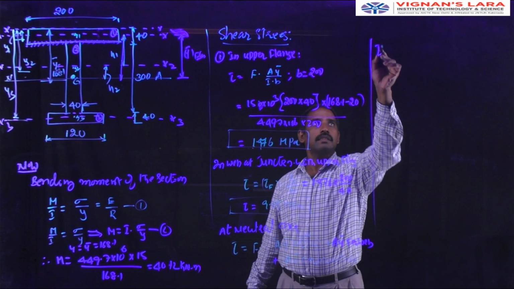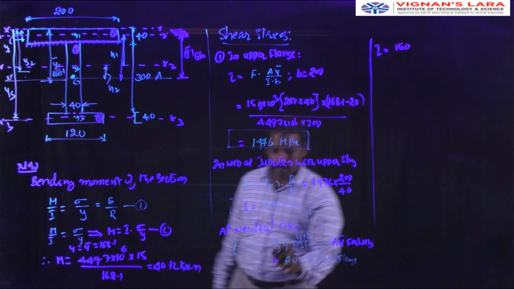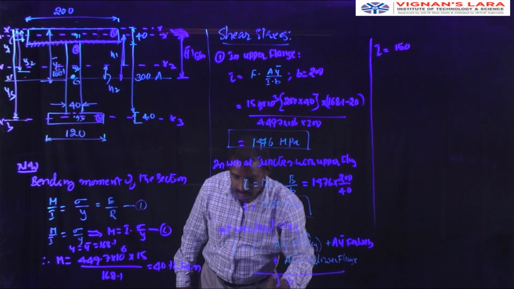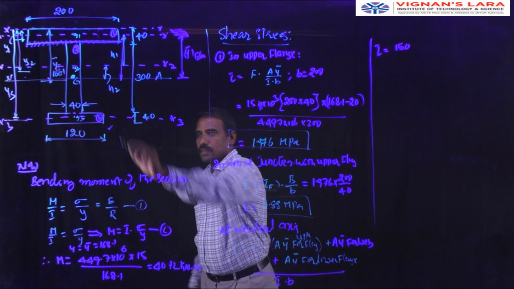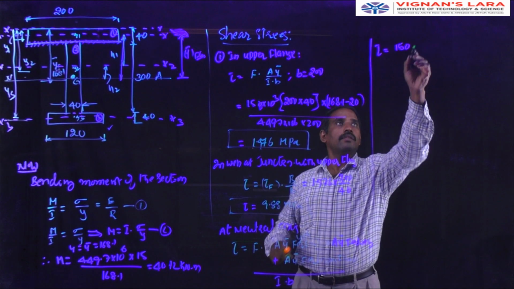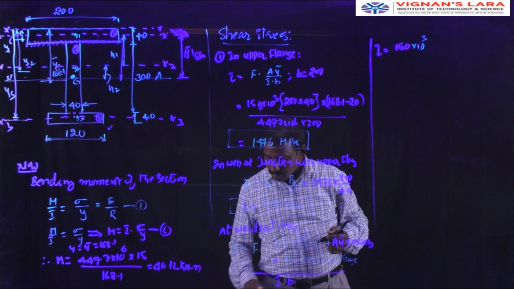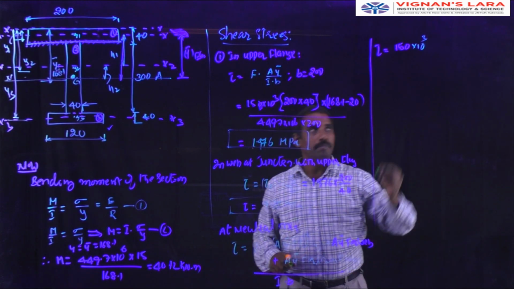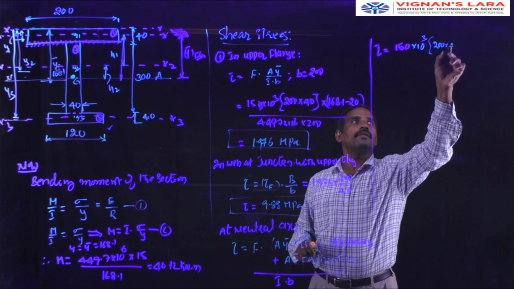Therefore shear stress tau is equal to 150 into the whole, divided by I into B. We know the I value. Here what about the B value? That is 120. So finally 150 into 10 cube times, A y bar for the upper flange: the area of the upper flange is 200 into 40.